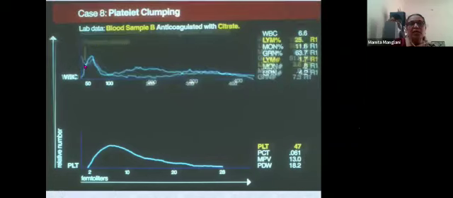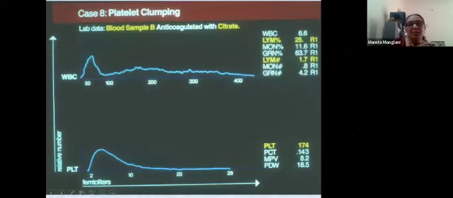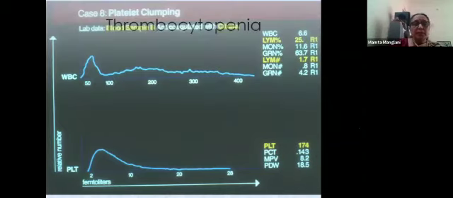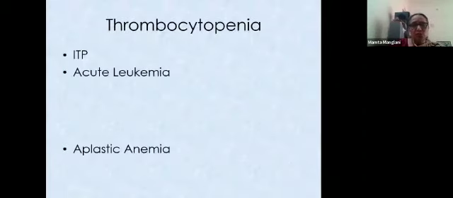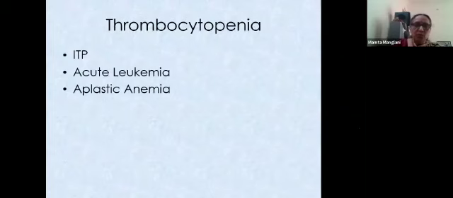Whereas when you look at the same sample anticoagulated with citrate, now the WBC count has gone down because the clumped platelets are not getting counted, and the platelet count has become 174. Of course, a simple smear would have given you the same answer, but probably this was a better method to look at it. So we don't want to go into details of all the conditions which can give thrombocytopenia.